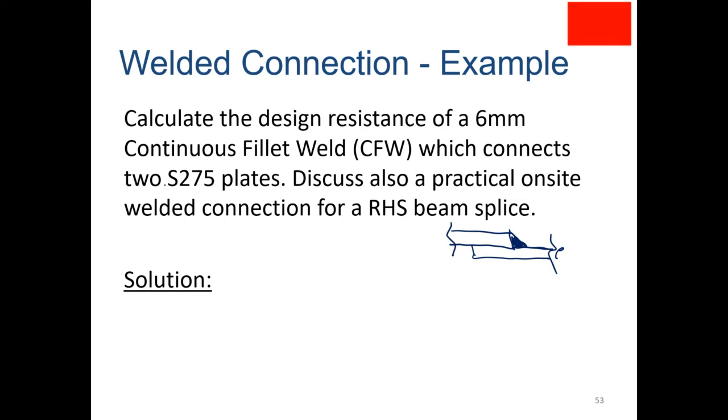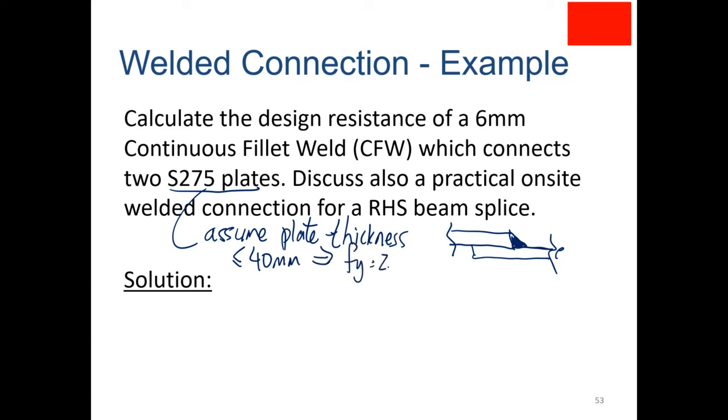Okay, so we'll assume they're S275 plates. So we'll assume the plate thickness is less than or equal to 40 millimeters. That implies Fy is 275 newtons per millimeter squared, and the ultimate strength is 410 newtons per millimeter squared.